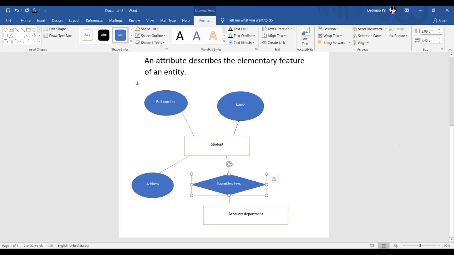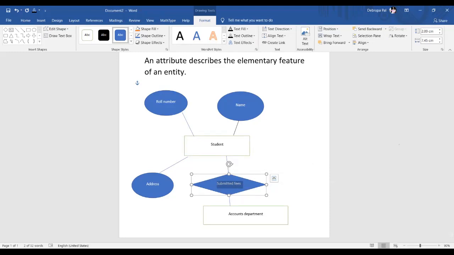Also, when you are drawing a big ER diagram consisting of several entities, you should remember that relationships should not get repeated. If you have written submitted fees here, you cannot write submitted fees in any other relationship. You can change the name a little bit. Okay.